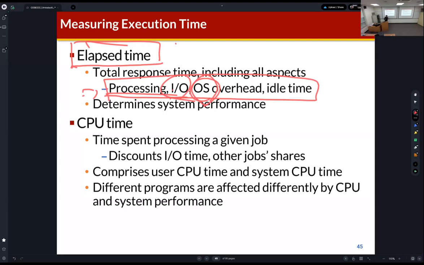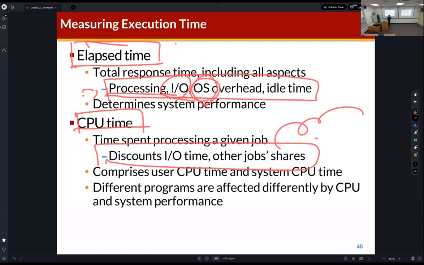So usually, in order to compare the performance of two different CPUs, we use CPU time. So what is the CPU time? These factors are ignored, removed. We just execute our program on the CPU directly, and then we can measure the response time.